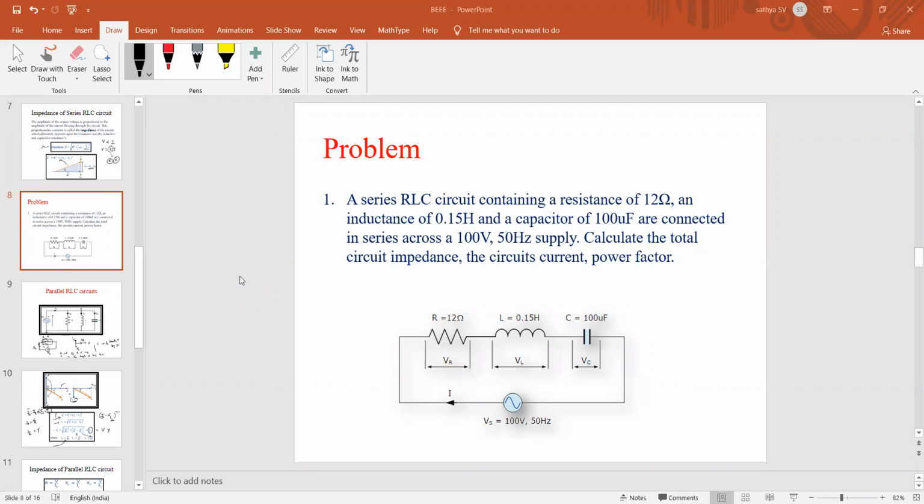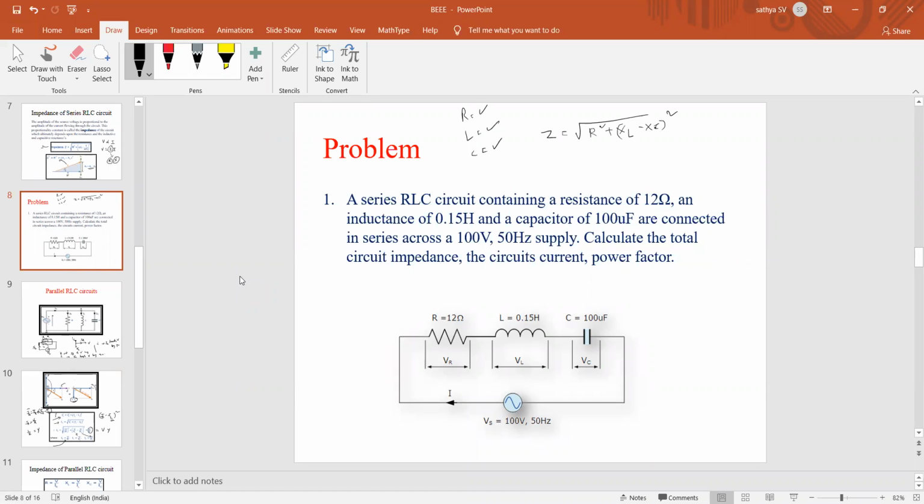Will anyone tell me the formula for total circuit impedance for a series RLC circuit? R value is given, L value is given, C value is given. So what is the total impedance formula? Z equals under root R square plus XL minus XC whole square, right?